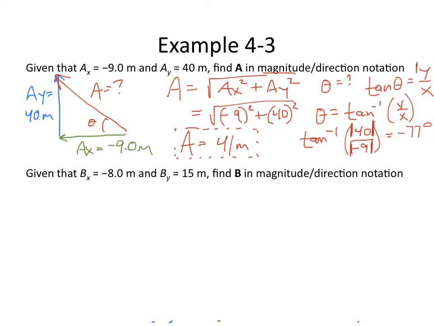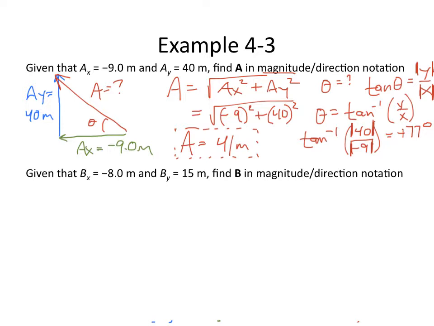The absolute value of y and the absolute value of x. So just ignore temporarily the fact that one may be negative. Just doing the absolute value, so the inverse tangent of 40 over 9 will give you a regular 77 degrees.